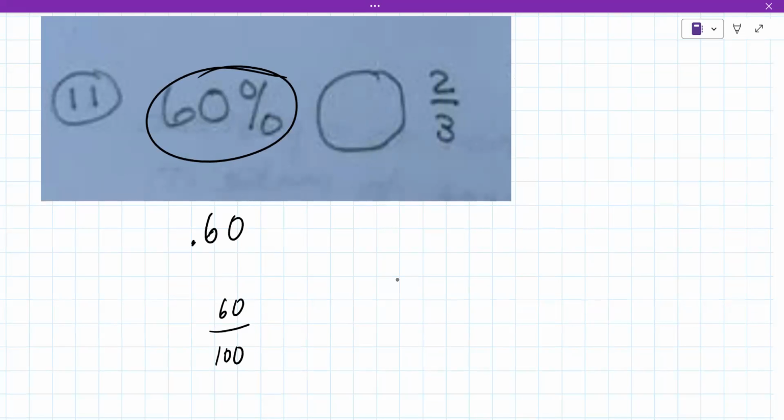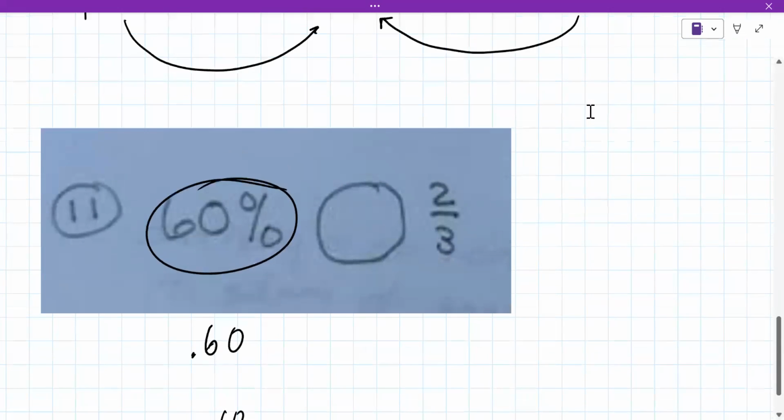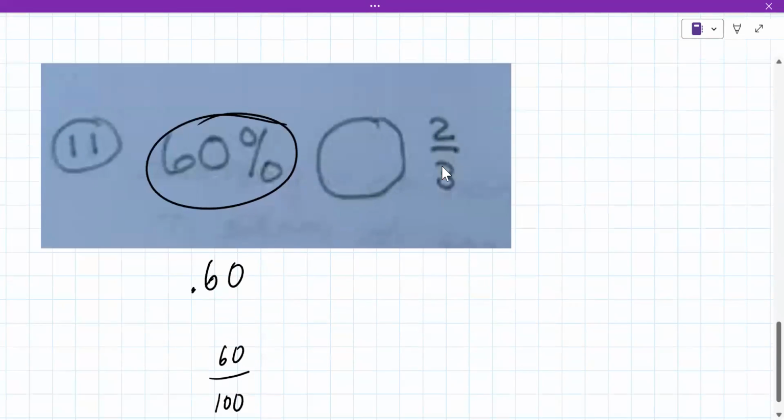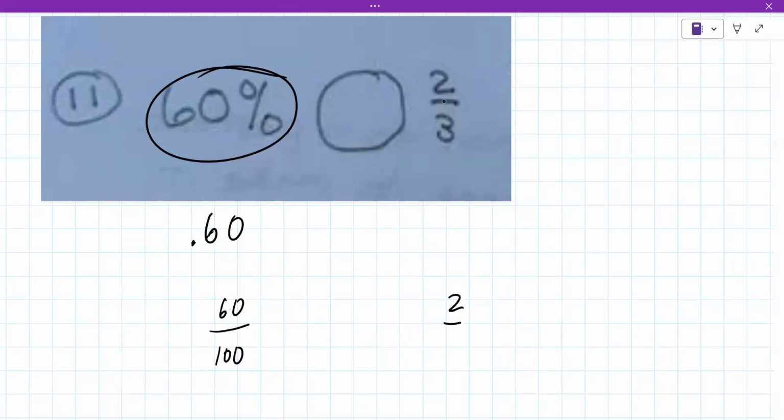And so what you could do, you can always compare two fractions, which means you might have to convert 2/3 to a fraction with a common denominator. Basically, you can either compare the 60% would be larger. Yeah, so I don't want to tell you the answer. I want you to decide: I'm going to make 2/3 the same denominator as 100, which means making a common denominator, or I'm going to convert this to a decimal because I already have a decimal.